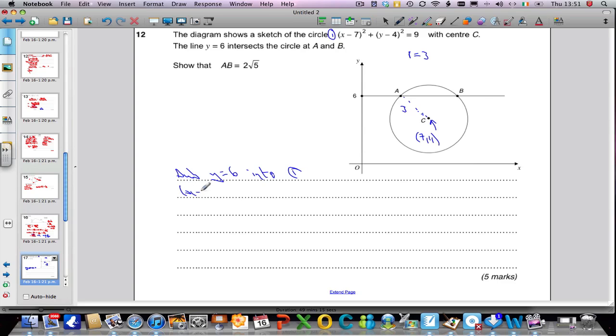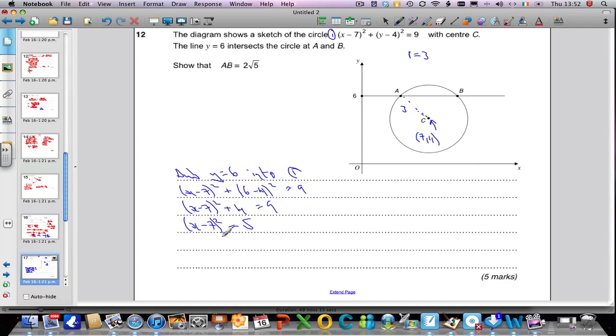So we get x minus 7 squared plus, let's write it out in full, 6 minus 4 all squared must be equal to 9. So we get x minus 7 squared. 6 minus 4 is 2. 2 squared is 4. So plus 4 must be equal to 9. That means x minus 7 squared equals 5.